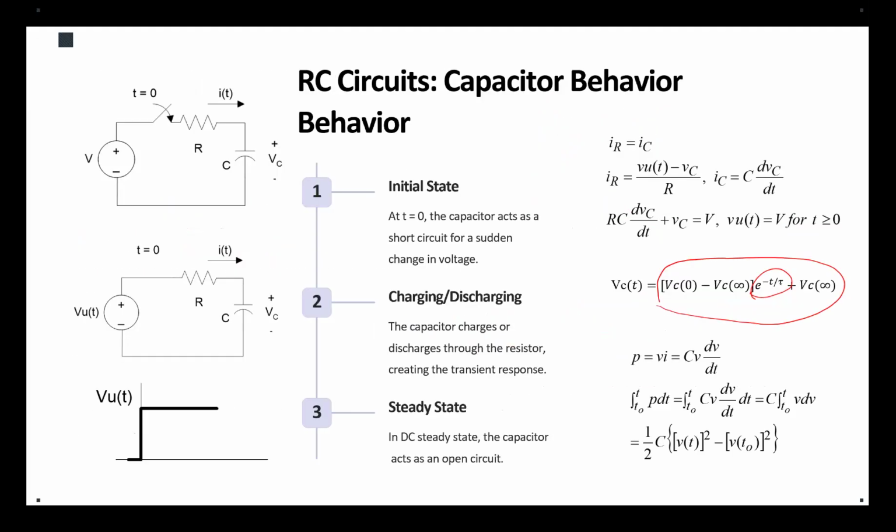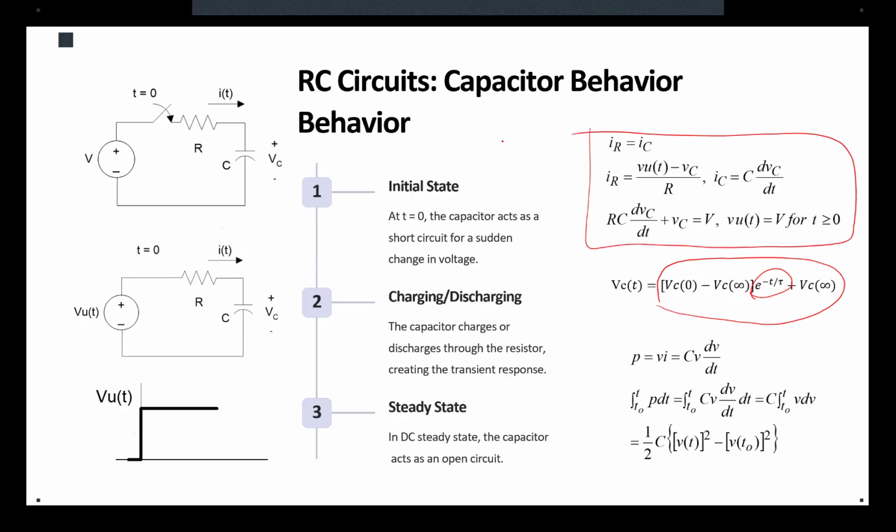Now, if we have a series RC circuit, you can simply run a KVL over your circuit, and you would find that your input voltage is going to be equal to R times the current plus what?